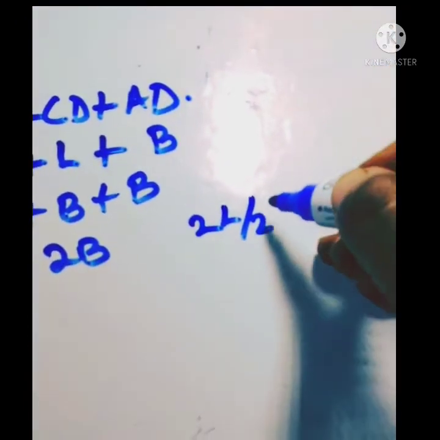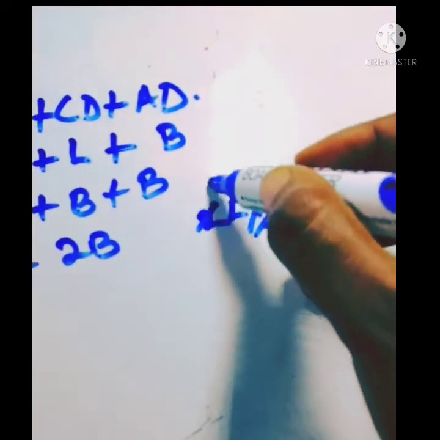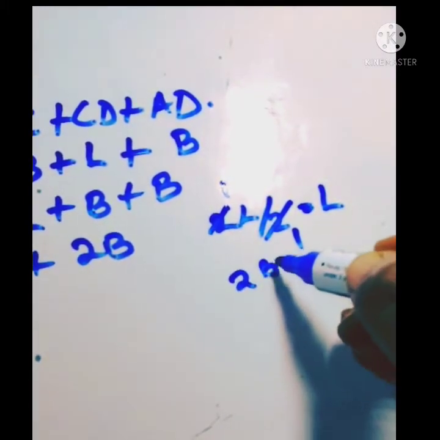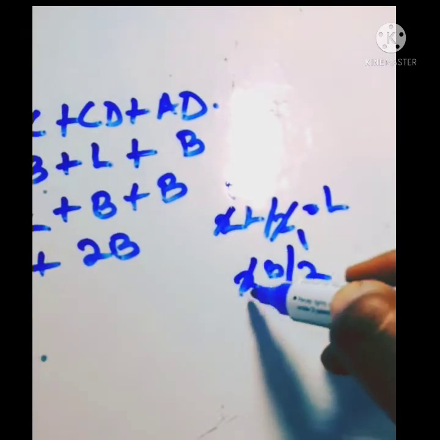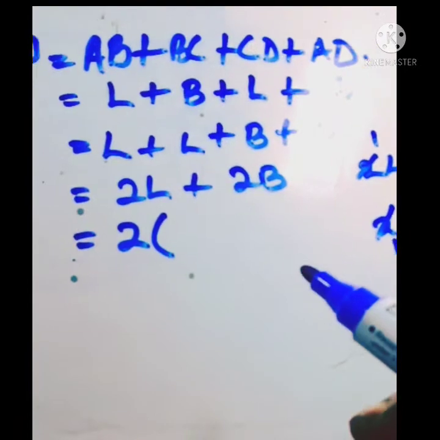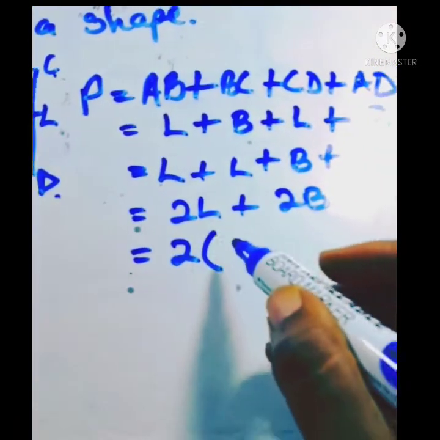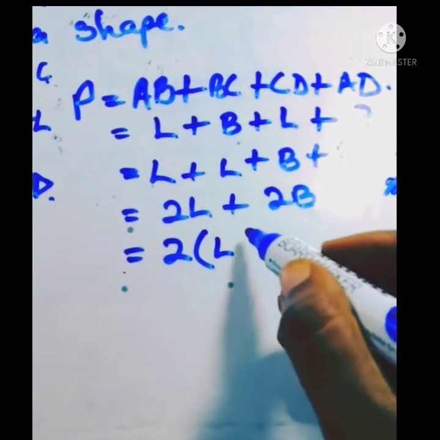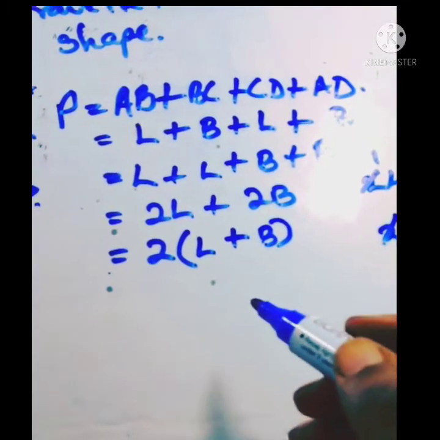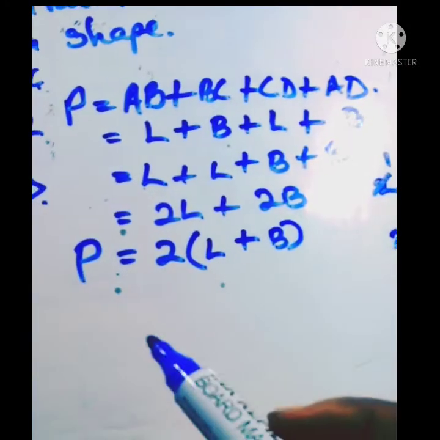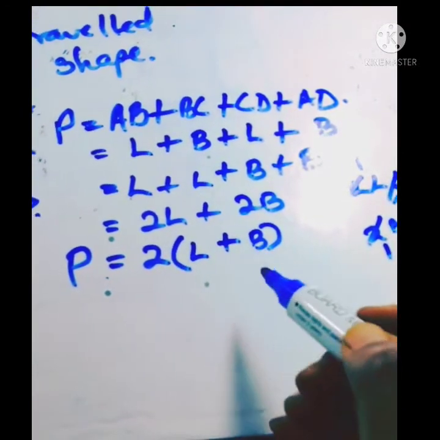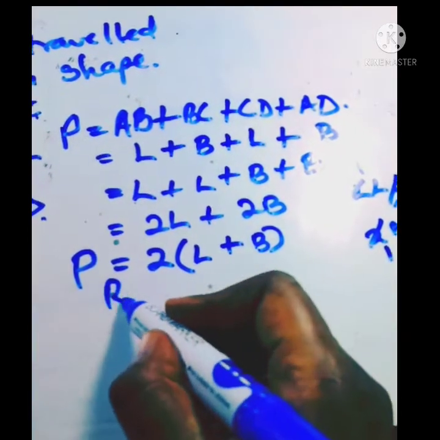So back to our factorization, 2L divided by 2 becomes L, and 2B divided by 2 becomes B. This means that the perimeter of a rectangle is 2 times the length plus breadth. This is for a rectangle.